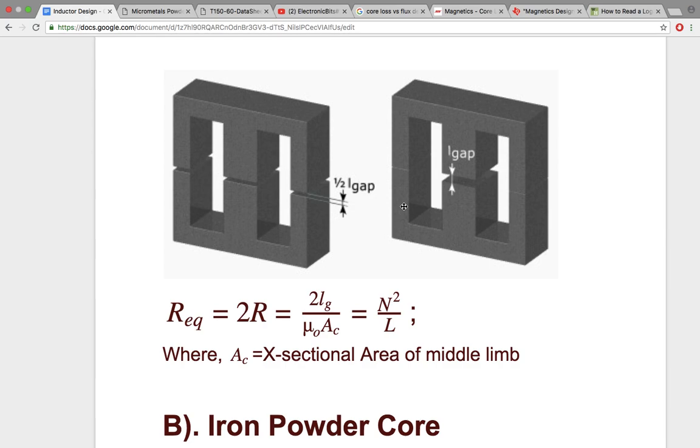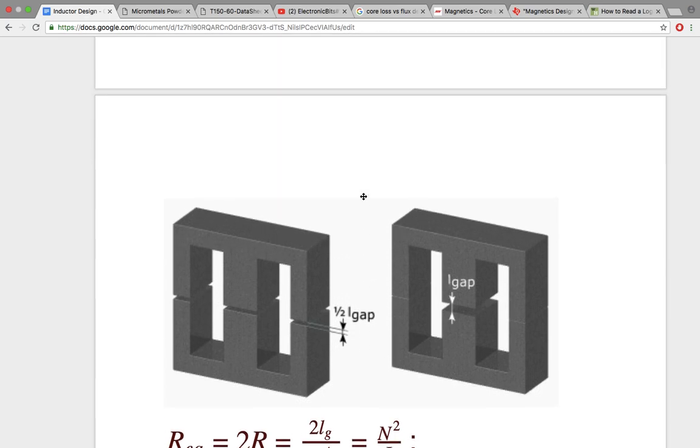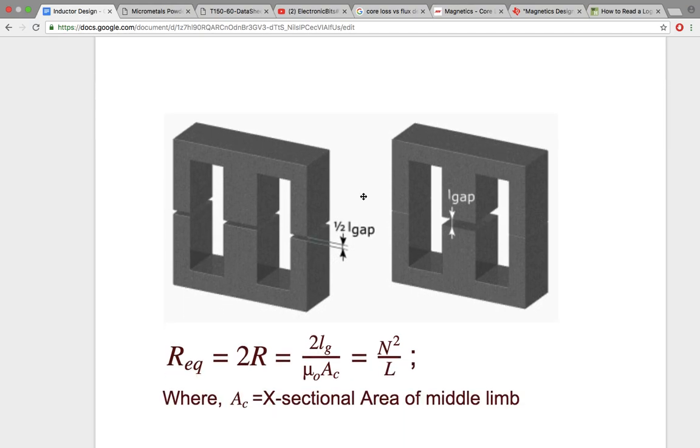Now it is very important, one thing here: why I have chosen the double E core is to give you a feel of the equivalent reluctance. So here, if you provide an air gap, it's not just one air gap, let's say you have provided the same air gap everywhere. Then all the parts will have some reluctance.